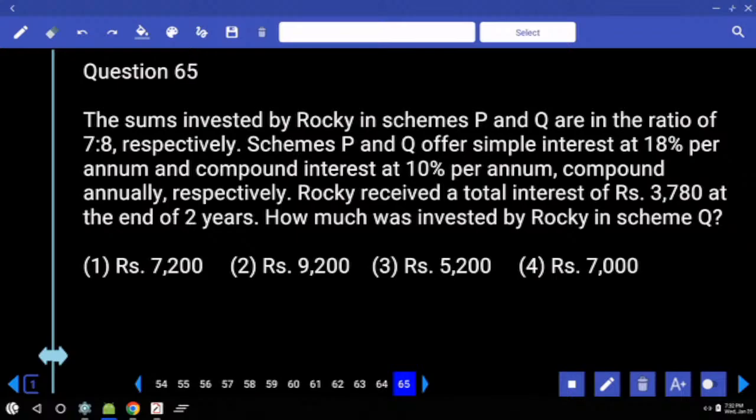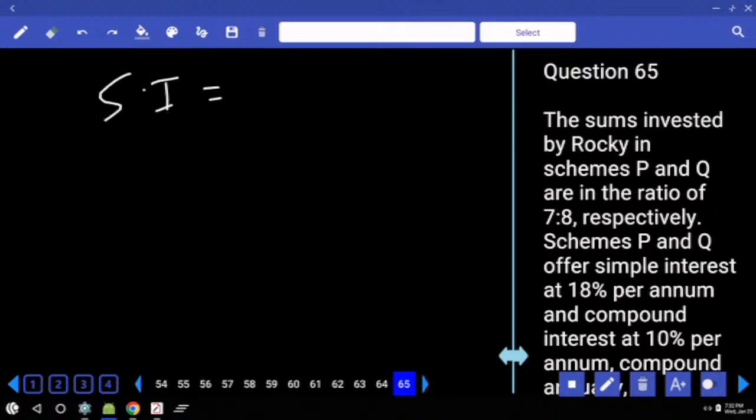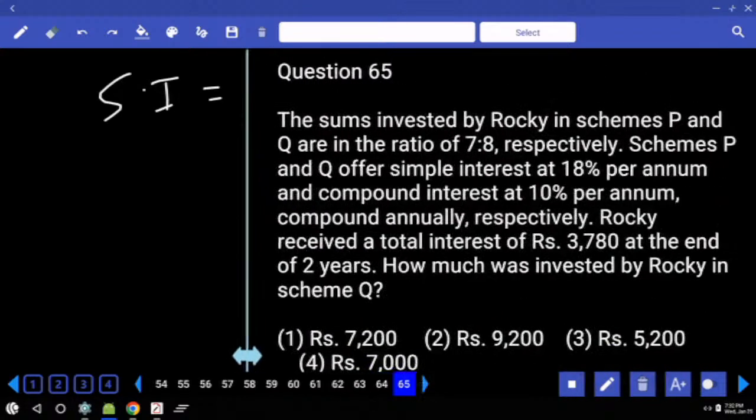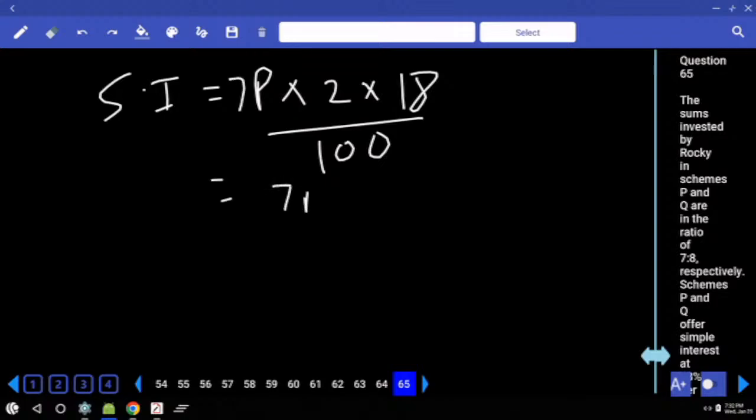Okay, right. So first, what is a simple interest principal ఉంటే PTR by 100 అన్నాడు, అంతేనా? P into T ఎంత? టైం 2 years. ఇంట్రెస్ట్ ఎంత? 18 by 100. ప్రిన్సిపల్ ఎంత తీసుకోవాలి? 7p తీసుకోవాలి, అవునా కదా? సో ఎంత వస్తుంది మనకి? 7 parts 250. ఇదేమో హౌ మచ్?